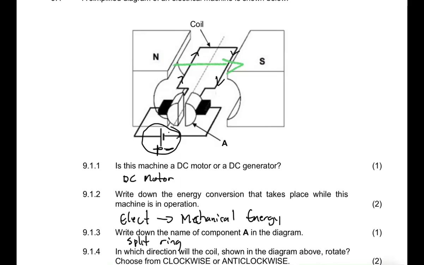So let's use this part of the rotating coil, right? So your index finger will be pointing in that direction. It will be pointing down, right? And then your thumb, if you imitate those directions, will be pointing up, right? So this part here is going up while this part is going down, right?